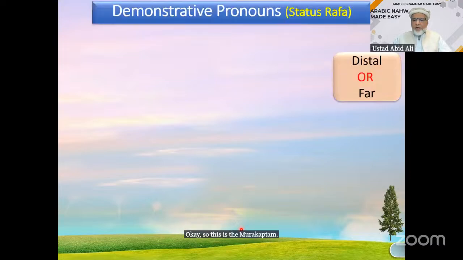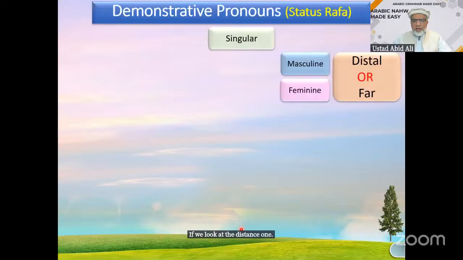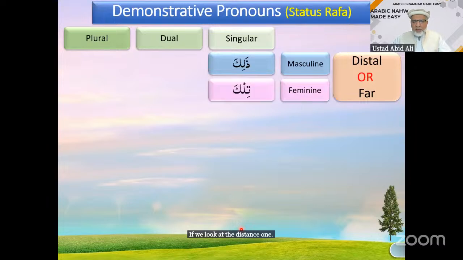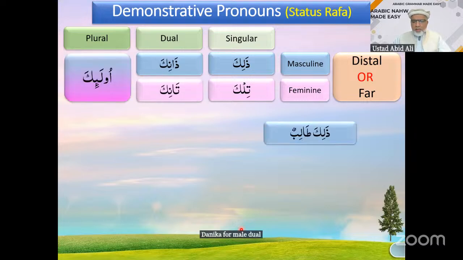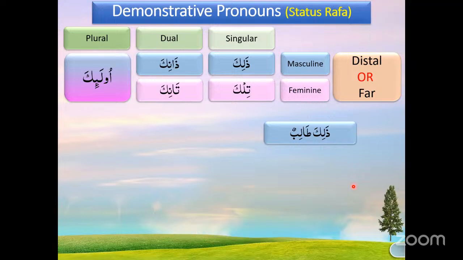Now, if we look at the distant demonstratives, we have dalika, tilka for female, danika for male dual, tanika, ulaika. So if I say dalika talibun, Brother Abdul Hai, what is the meaning of dalika talibun?